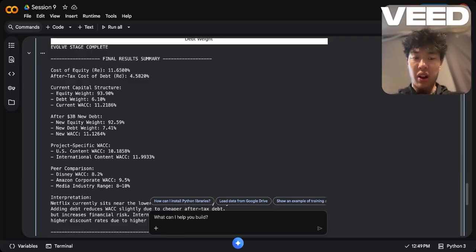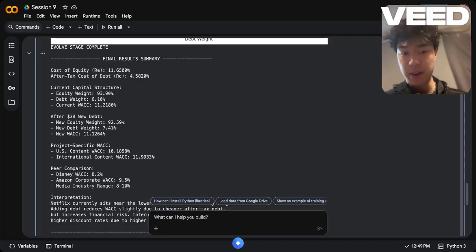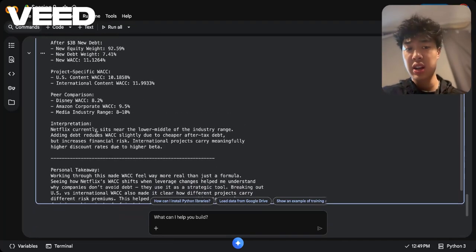After the $3 billion debt issuance, the debt weight rises slightly and the WACC drops down to 11.13%, which shows the benefit of the debt tax shield. The project-specific numbers show exactly why risk matters. US content comes out to around 10.19%, while international content jumps to around 12%. Then the peer comparison helps contextualize everything.